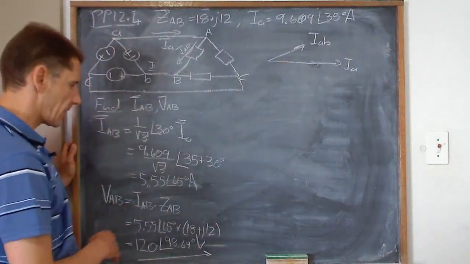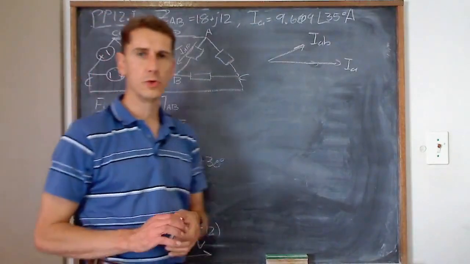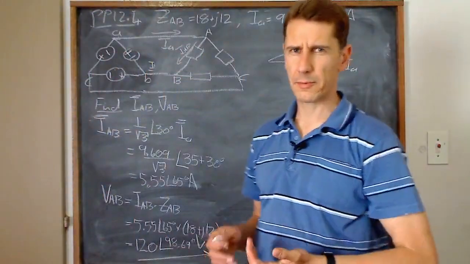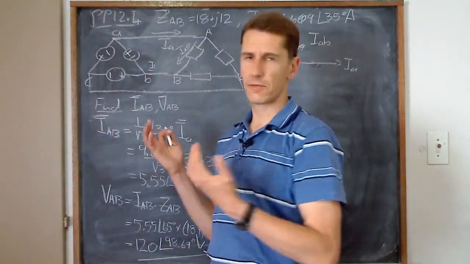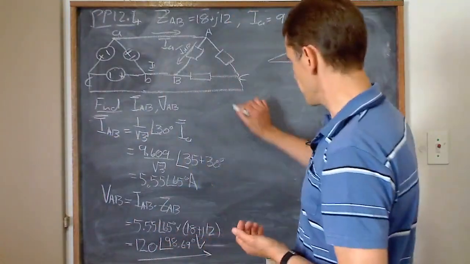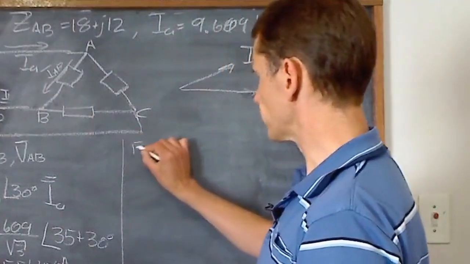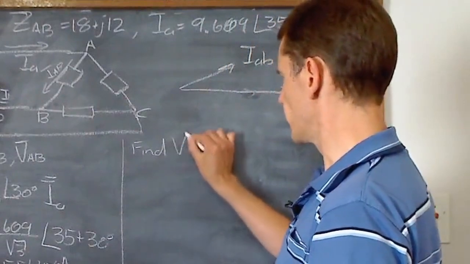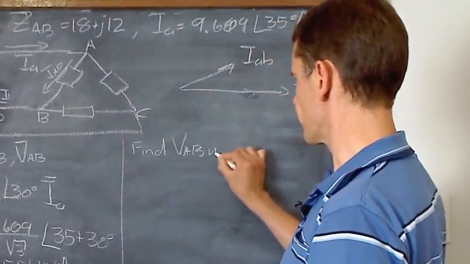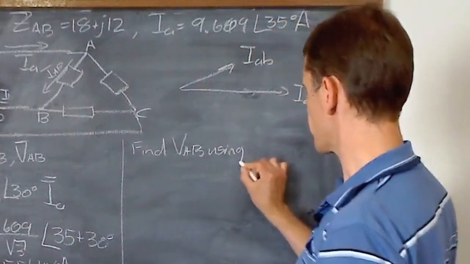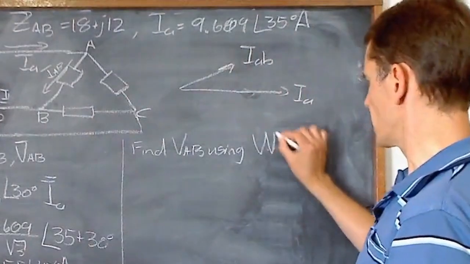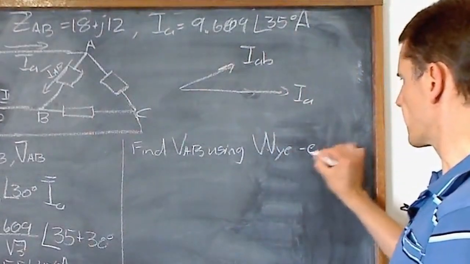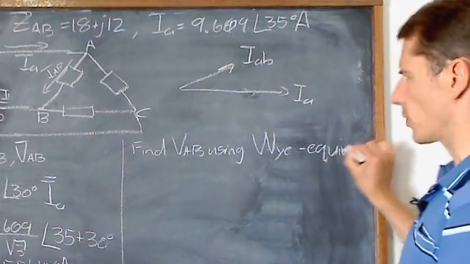So that's if you just do it the quick Ohm's law method. I also want to show you how you would do this in the per phase equivalent, because the whole time I've been preaching, you take the delta stuff and you connect it to a Y equivalent. So let's find VAB using a Y equivalent circuit.